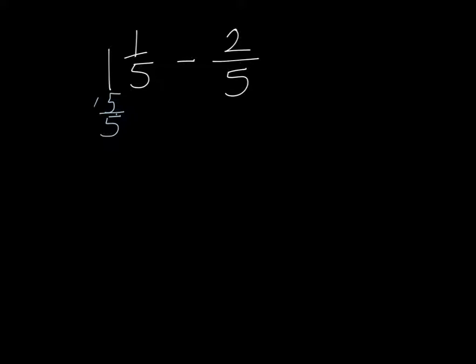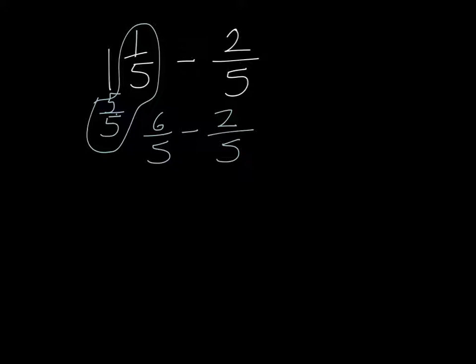And I'm going to combine that together with the 1/5 I already have. So this 1 and 1/5, we're going to turn that into an improper fraction of 6/5, and then we are going to subtract 2/5. And our final answer, 6 minus 2, is 4/5.